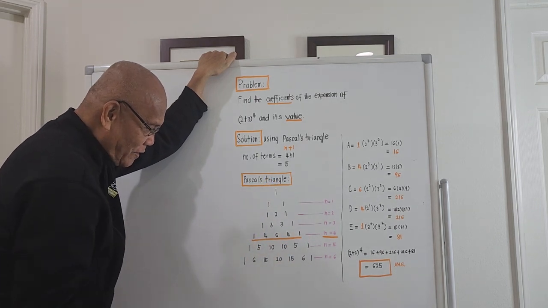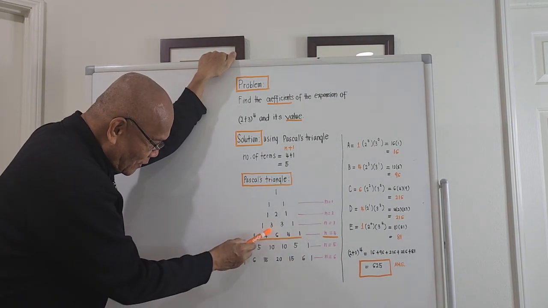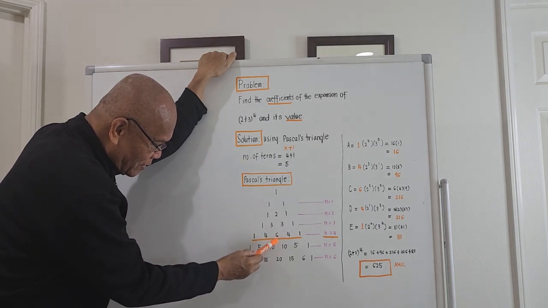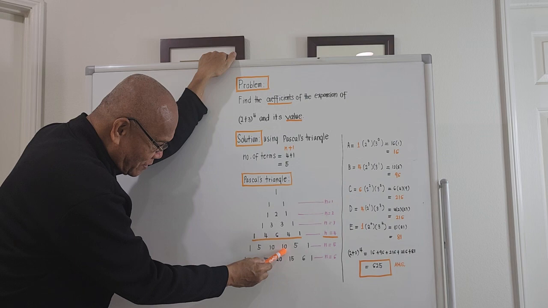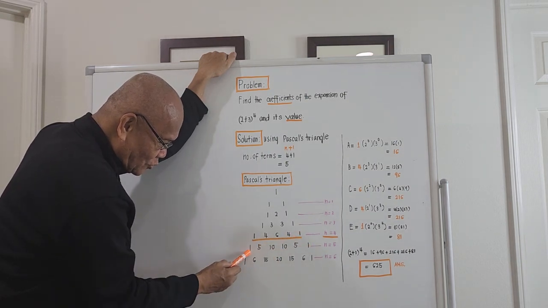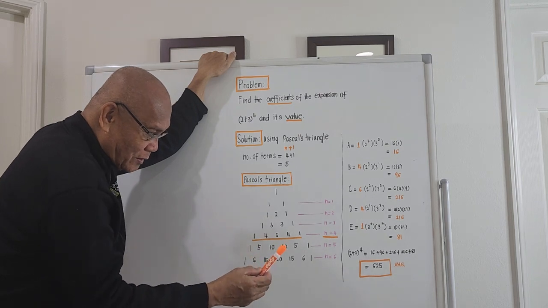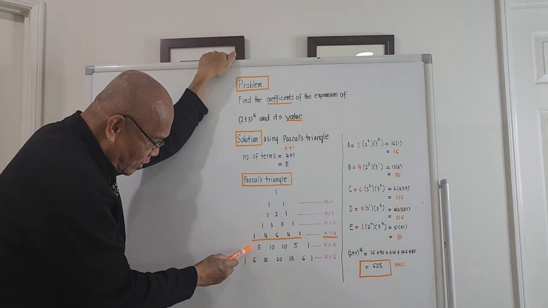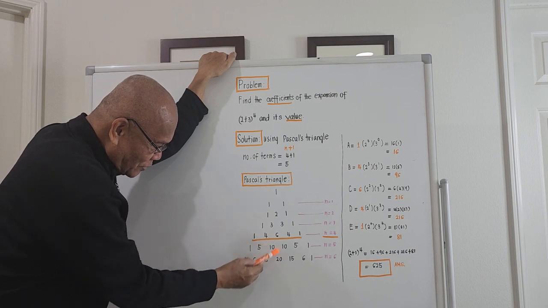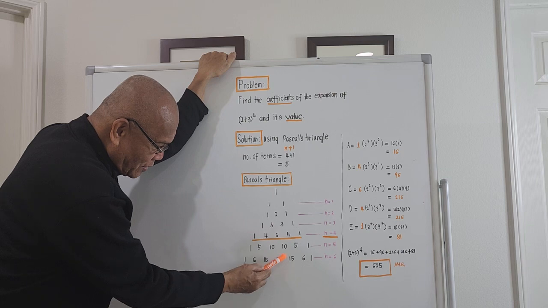The next one will be 1 plus 4 will be 5. 4 plus 6 will be 10. 6 plus 4 will be 10. And 4 plus 1 will be 5. This is 1 again. The next one. 1 plus 5 is actually 6. 5 plus 10 will be 15. 10 plus 10 will be 20.